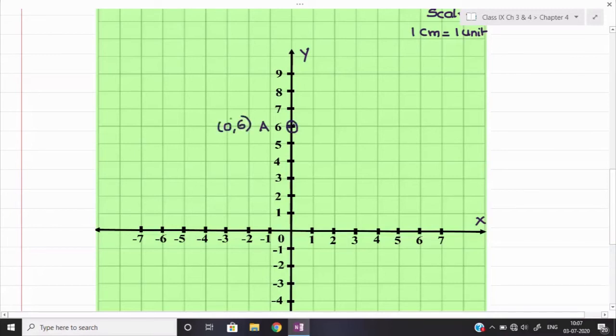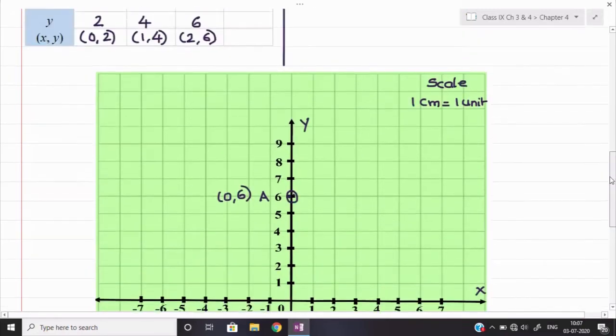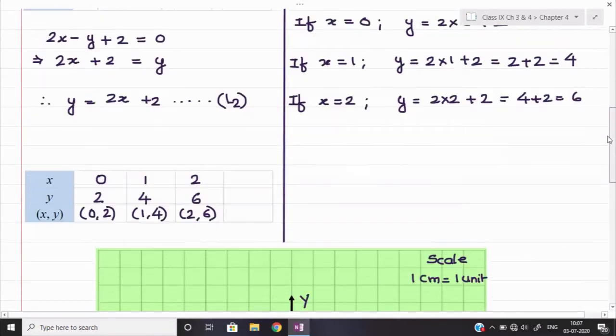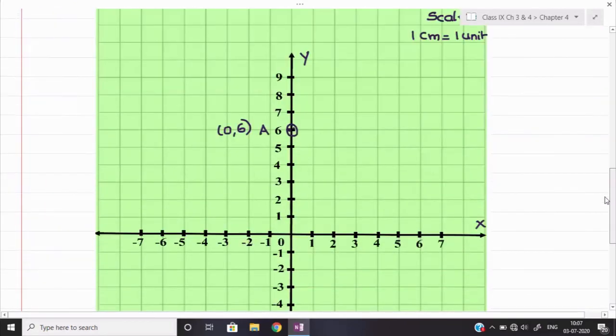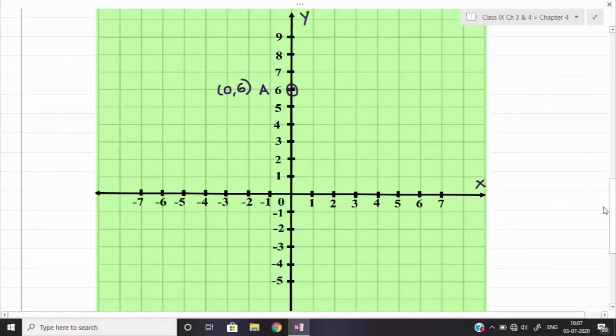Okay, what is the second point there? The second point is, I think, 1, 4 and the third point is 2, 2. Yes, 1, 4 and 2, 2. So let us plot 1, 4. On the x-axis, search where is 1. So 1 is coming here, and from 1 we shall go up, and in front of 4 we shall mark the point.